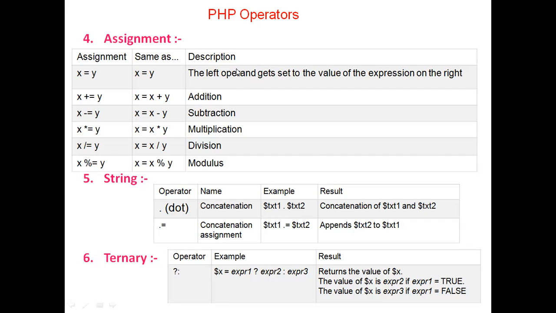So the left operand, that is x, gets set to the value of the expression on the right. So x plus equal to is the composite, that is the compound operator, the same as x equal to x plus y, that is it gives the addition. x minus equal to y, that is x minus y, the subtraction. This is the shortcut way.